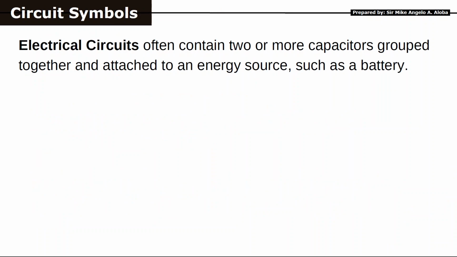Electrical circuits often contain two or more capacitors that are grouped together and attached to an energy source such as a battery. And here are the most common electrical circuit symbols.